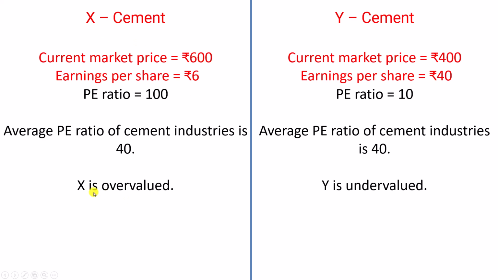That is what we are saying by saying X is overvalued. When we say Y is undervalued, we are saying that the current market price of company Y's share is cheap, or in other words, we are getting this at a cheap rate.